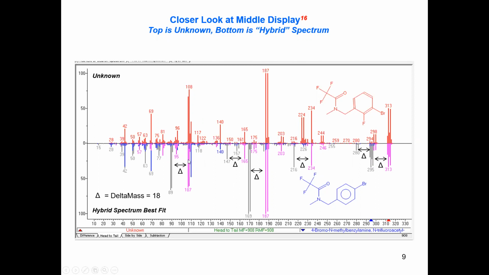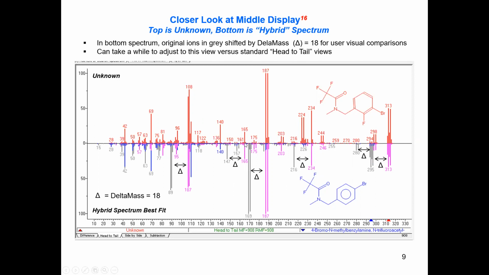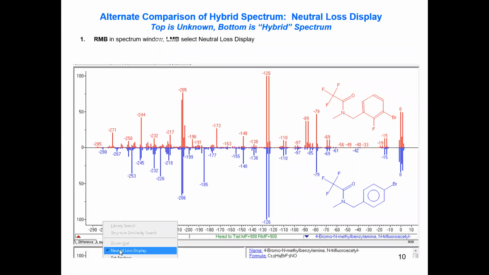So the ion that has been shifted is in color on the bottom, the original spectrum is in gray on the bottom. And so you just have to get used to looking at this, and if you can just tell your mind to ignore the gray peaks, you'd be much better off, and that takes a little practice to do.